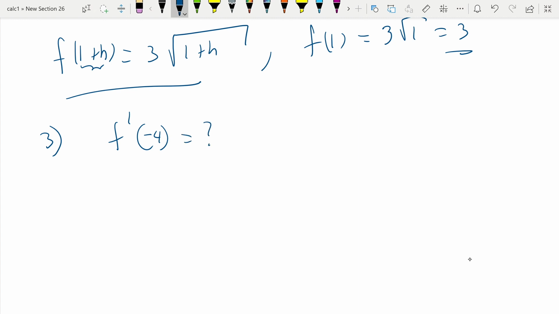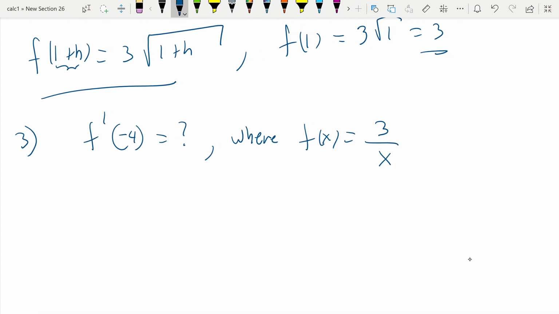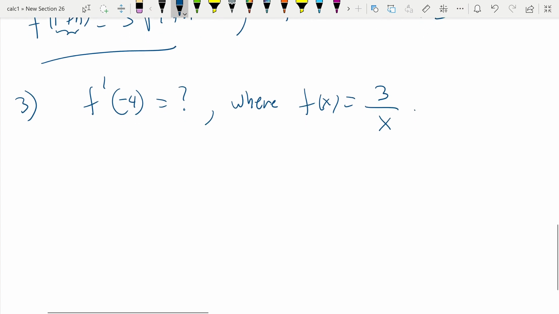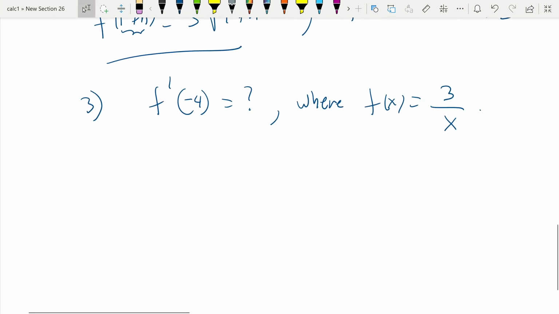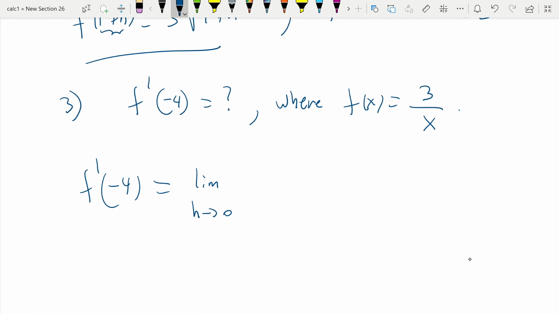Where f of x is the function 3 over x. It's the same thing always. By the definition, for the derivative at minus 4 we need to compute the limit when h approaches 0 of f of minus 4 plus h minus f of minus 4, all of that divided by h.